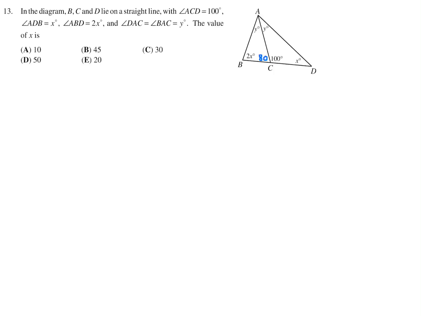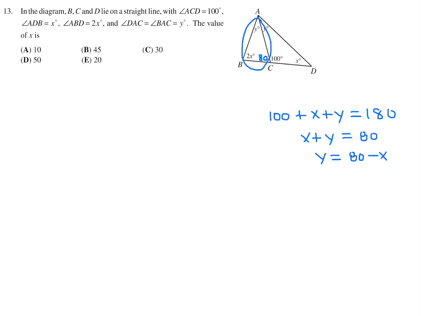Okay? And then we can just use the fact that the sum of the angles of any triangle is 180. So 100 plus x plus y is equal to 180. And that means x plus y is equal to 80. And y is therefore equal to 80 minus x. And then very similarly in this triangle, we've got y plus 2x plus 80 is equal to 180.